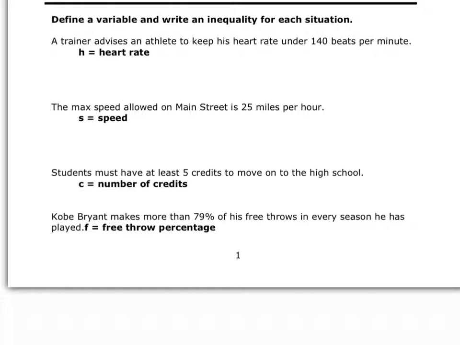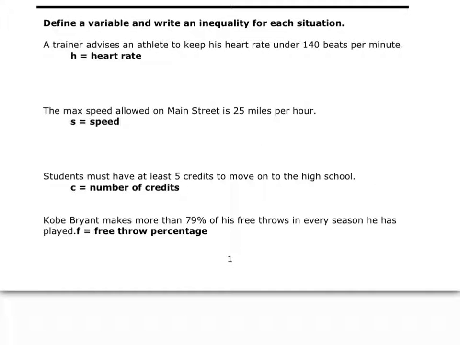H is our heart rate, and we want to write an inequality. So we're going to let heart rate equal H, and it has to be under, or less than, 140 beats per minute. That says your heart rate could be anything under 140.